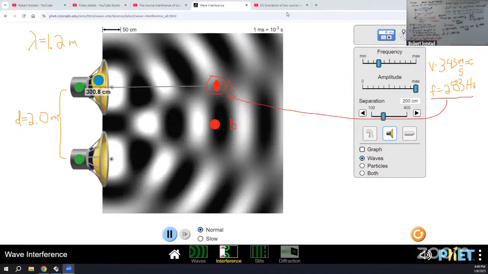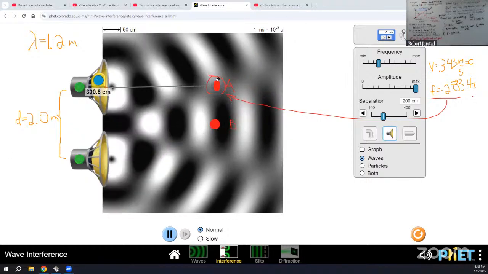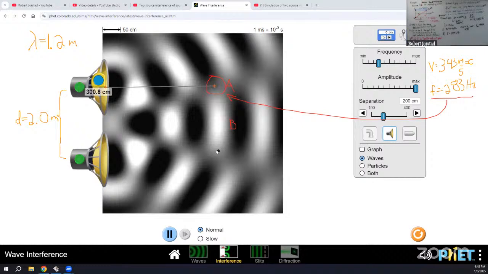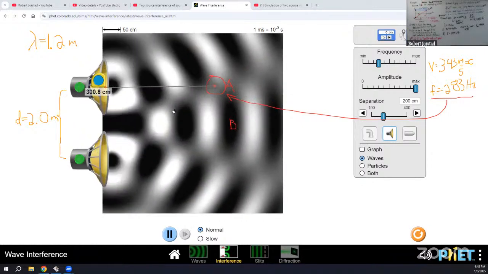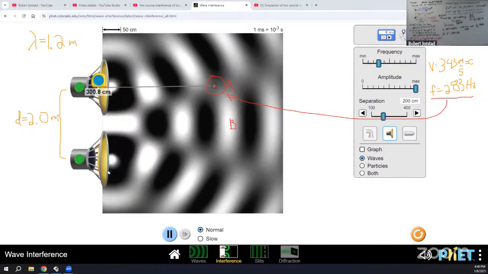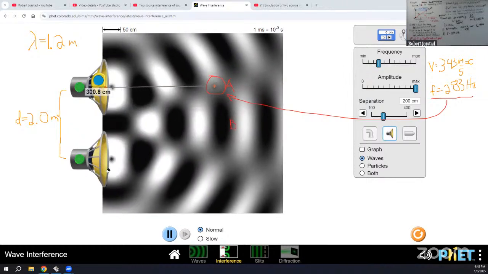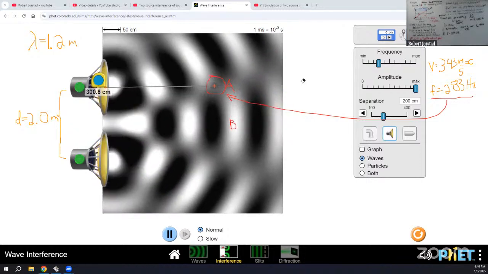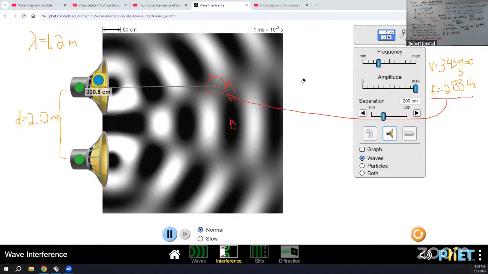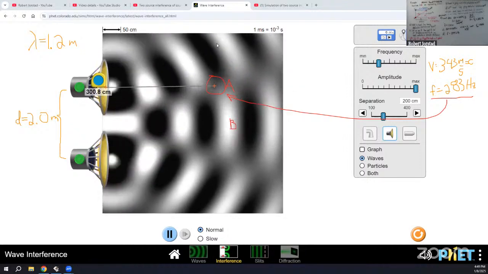Let's get this circle out of here, it's blocking the view. In this case, we see the white from the top speaker is canceling the black from the bottom speaker, and we get essentially light gray, meaning no overpressure there, which is the same as not hearing sound.